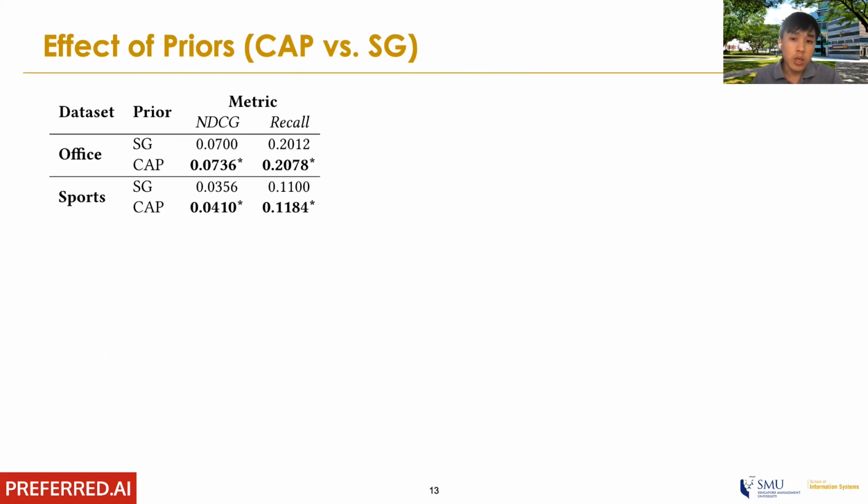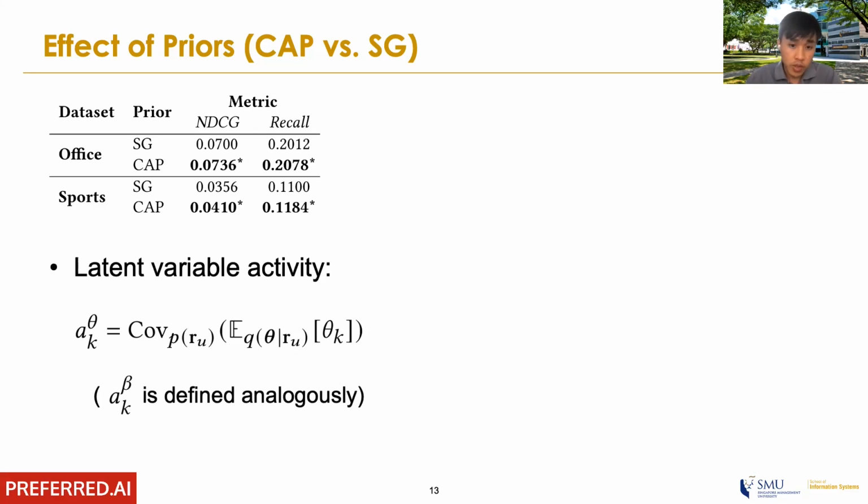For some of the experiments, we show here a couple of datasets that we experiment with the CAP, and we compare with the standard Gaussian priors. The comparison shows that the CAP can improve performance significantly as compared to the standard Gaussian priors. The comparison with other choices of priors is also reported in the paper. We define a statistic, the so-called latent variable activity, with the following formula.